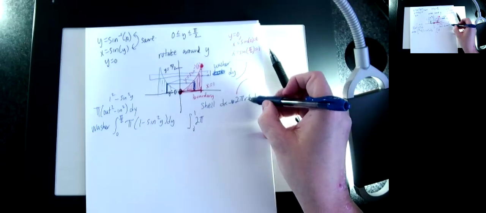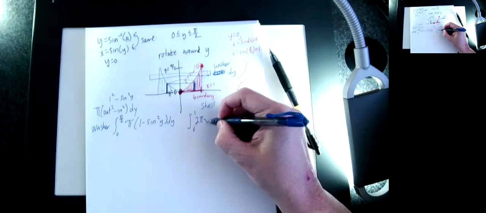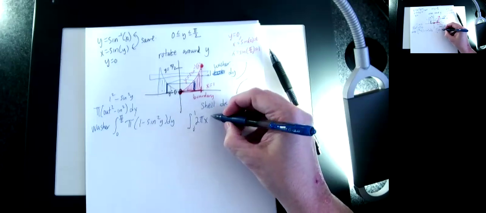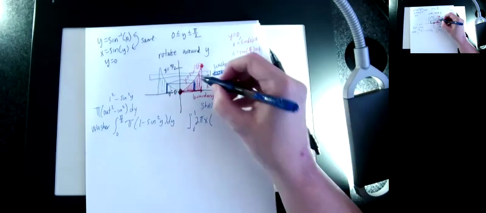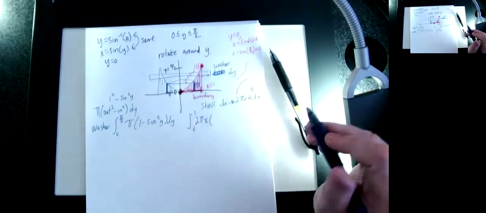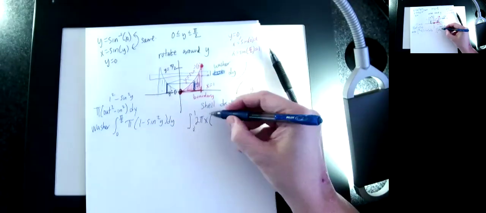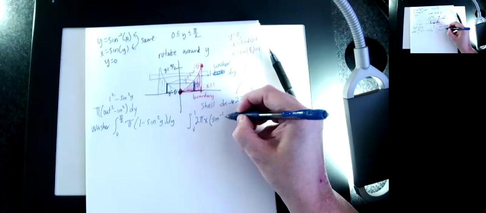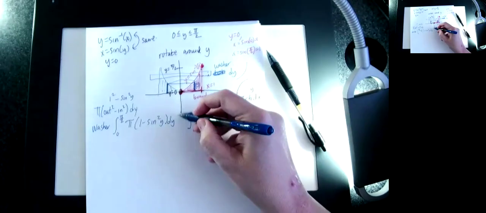R is x. Our radius is just x. And our height is y. At any given point, the height of that cylindrical shell is y. But I want it in terms of x, which means I have a sine inverse x here. So those are our two different methods.